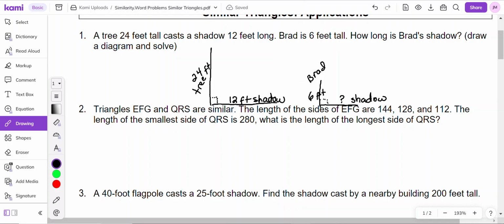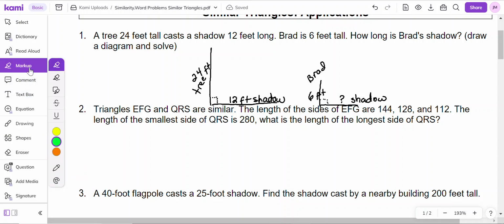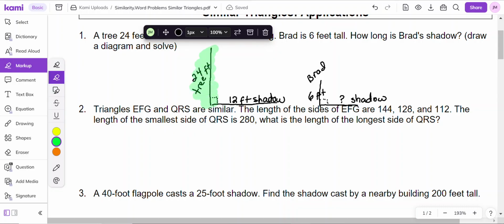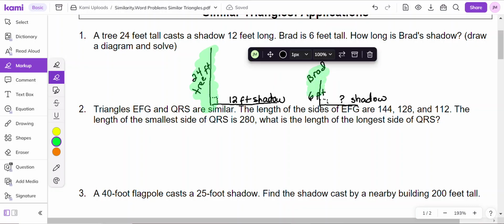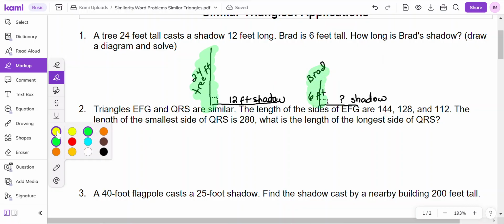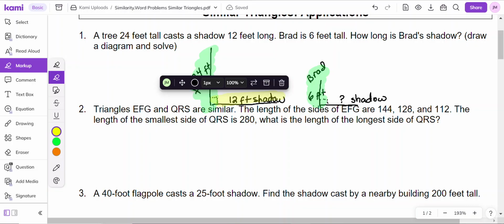So we can just do corresponding parts on this one. So for example, this one corresponds to that one. And this one corresponds to this one.